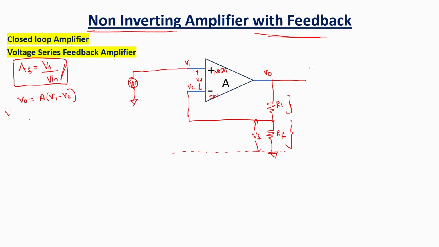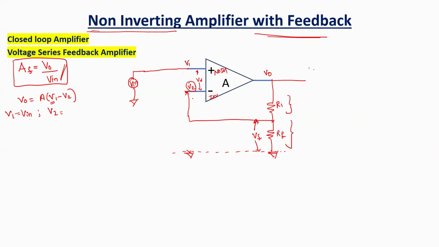Now, what is V1? It is V in. What is V2? It is the voltage at this particular terminal measured with respect to the ground, which is your VF. Whether this point is here or here, it is one and the same.